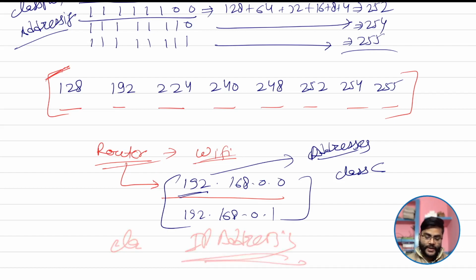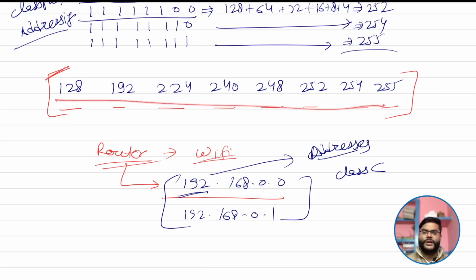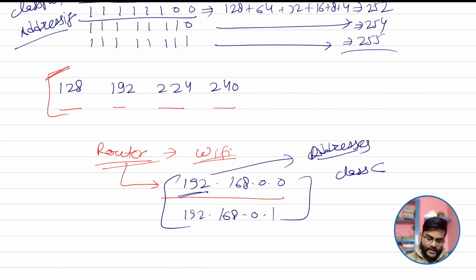So it's my request, just learn these values. If not, just forget about these values. Learn these 4 values only: 128, 192, 224, 240. See why? After this, if we have 4 bits, we can easily find the values, right?